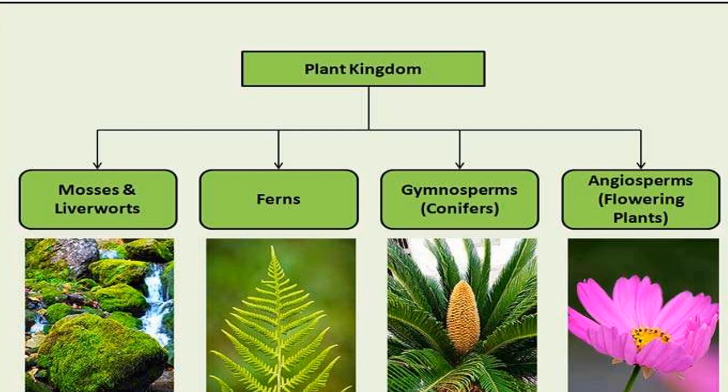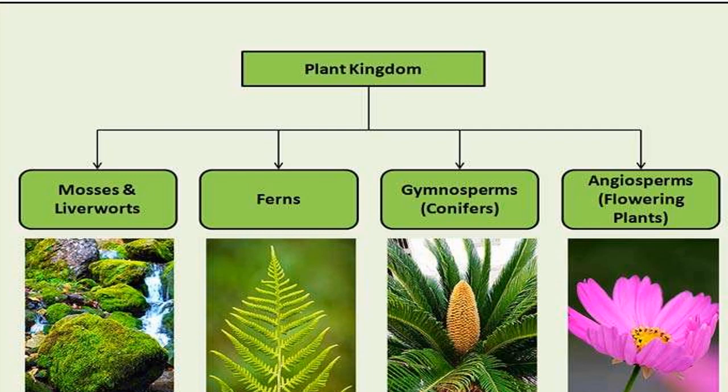Plant kingdom is classified into, we can say, mosses and liverworts, ferns, gymnosperm, angiosperm. Now basically what is mosses? The algae, fungi, whatever is growing in water, that comes in the classification mosses. Ferns means the plants which bear seeds on their leaves. Gymnosperm, now what is a gymnosperm?